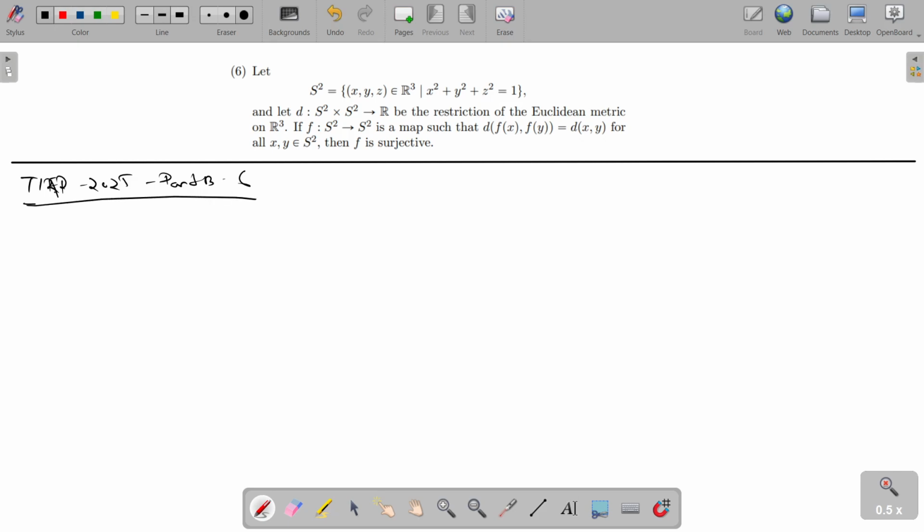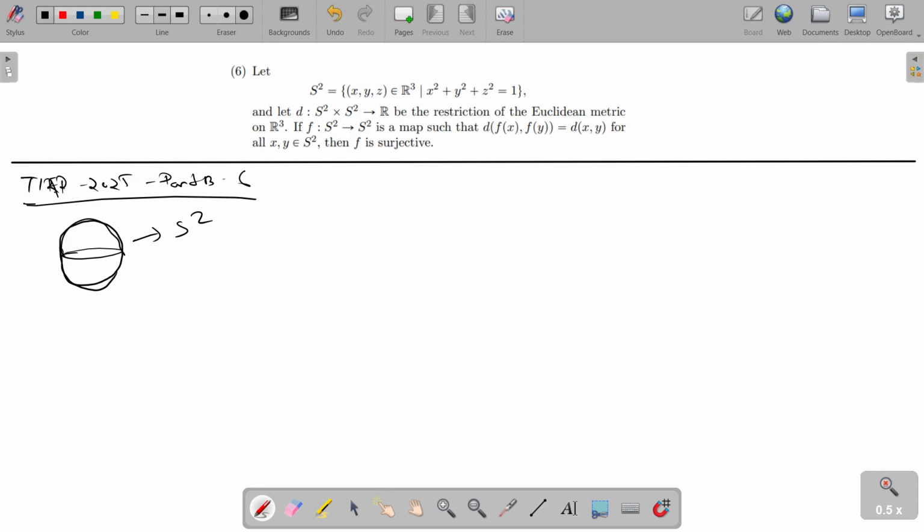So basically it says that we have a sphere. I don't think I can draw a sphere here properly, but okay. Suppose we have a sphere, S square. It's given that d is the restriction of the Euclidean metric.